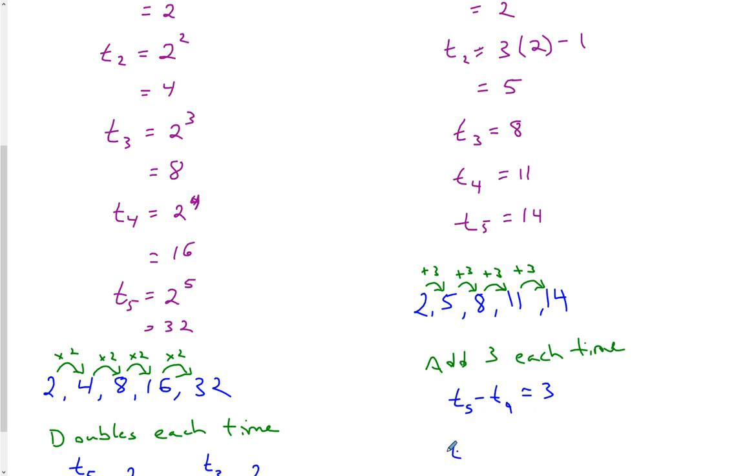And if I take term 4 and subtract the one before it, the fourth term minus the third term, that's 11 minus 8, which is also 3. So by subtracting any two terms that are next to one another, the later one minus the one that just came before it, I'm getting this common difference each time. I'm getting 3 each time.